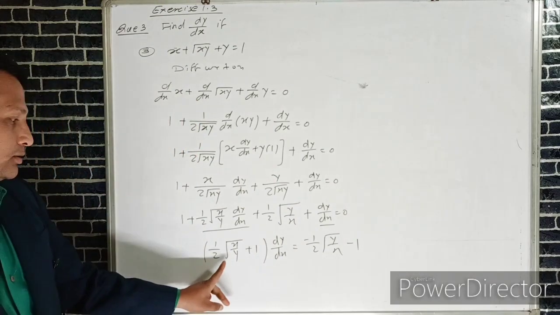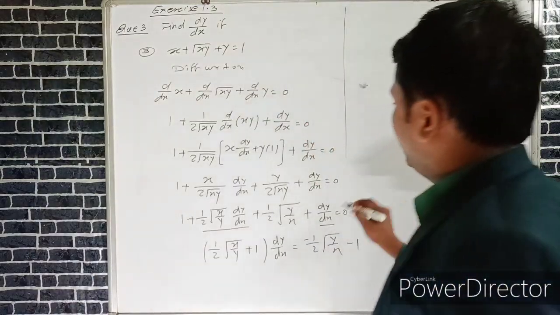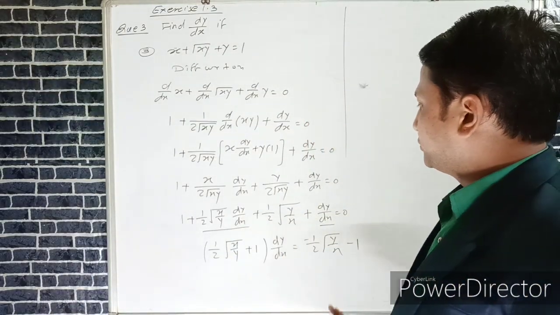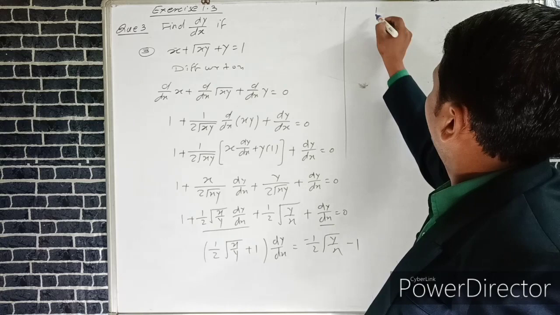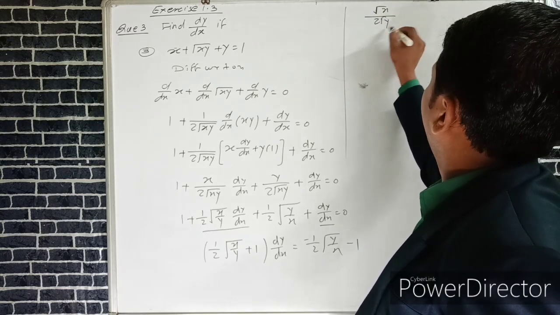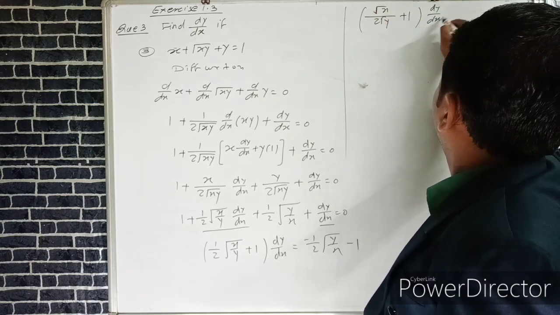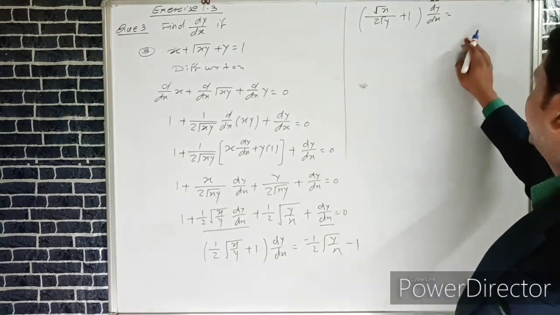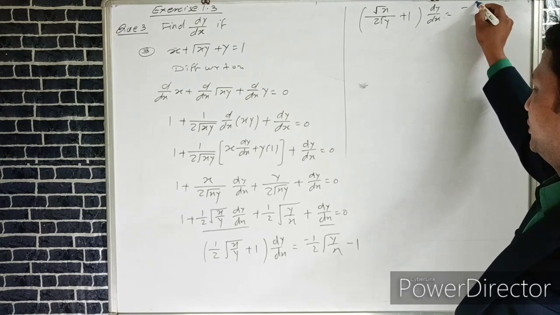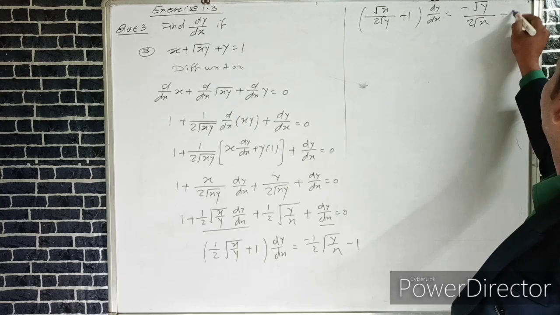Taking the cross product, we get under root x upon 2 root y plus 1 into dy by dx equals minus under root y upon 2 root x minus 1.